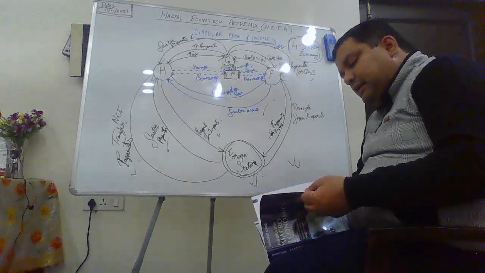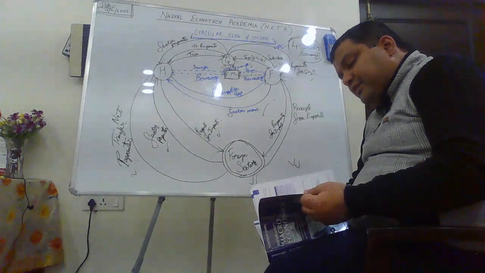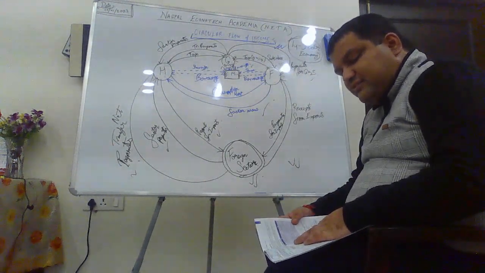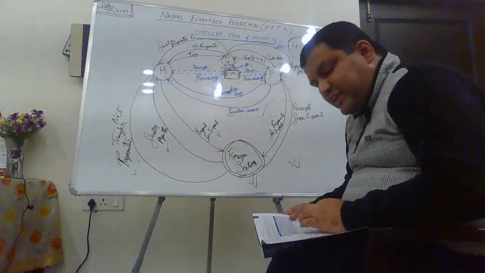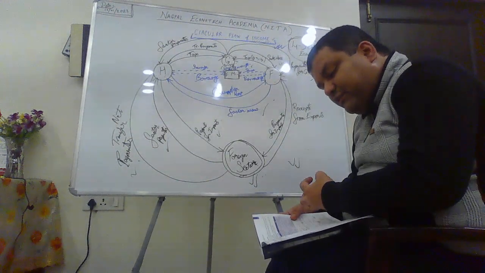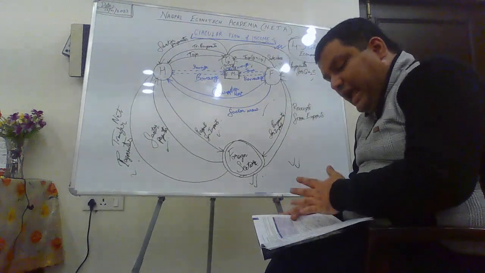Now here, my dear friends, I would like to introduce the concept of the different phases of the circular flow of income. There are three different phases in the circular flow of income, that is generation, distribution, and disposition.